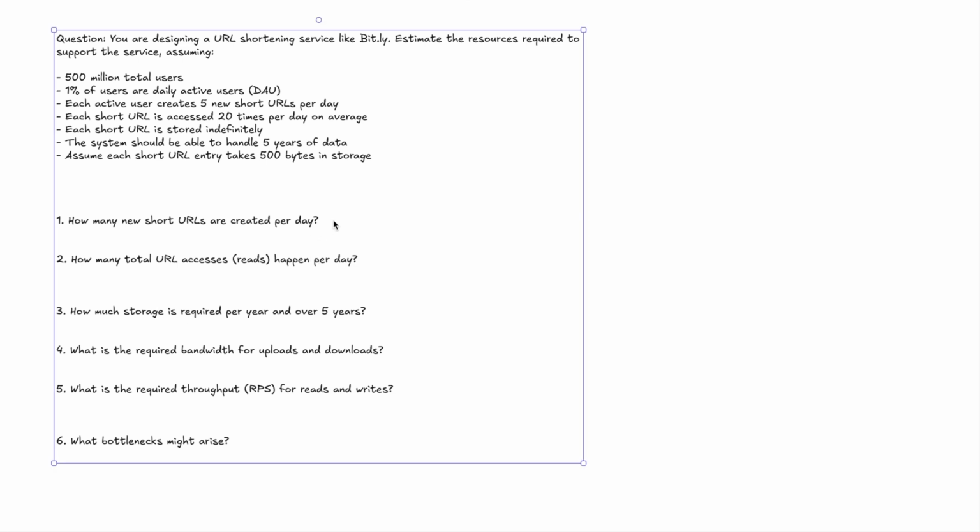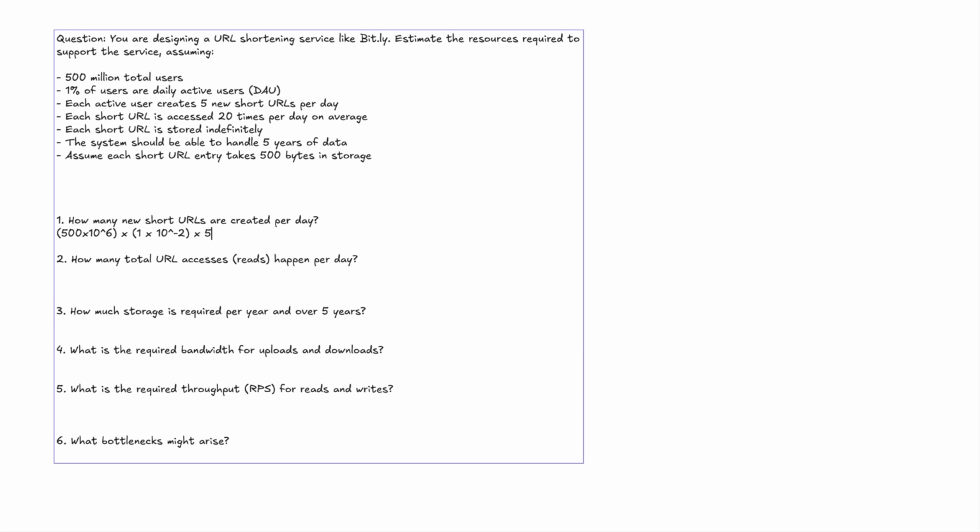So the question gives us that we have 500 million total users, 1% of those users are daily active users, and each active user creates 5 new short URLs per day. So let's do the math. We have 500 times 10 to the 6 total users. 1% of those users are daily active users. So 1 times 10 to the negative 2 are active users, times each user creates 5 short URLs per day.